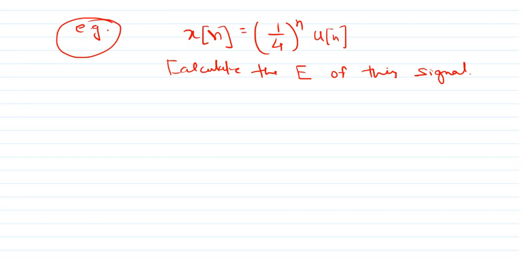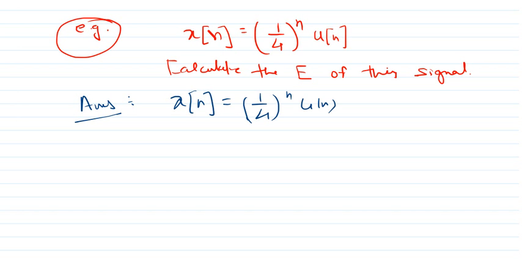So let us solve this problem. We can calculate the energy of this signal. First we draw the signal. It is a discrete time signal. For n equals 0, please calculate the value.